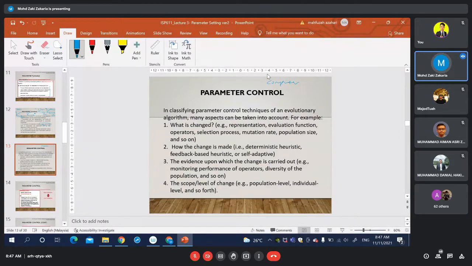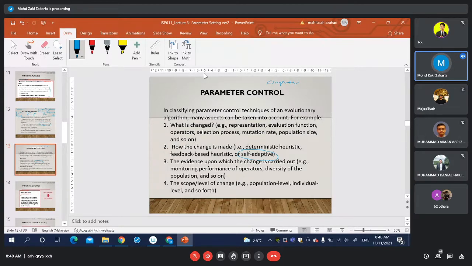In classifying parameter control techniques of EA, many aspects can be taken into account. For example, what is changed: the representation of chromosome, the evaluation function, operator, selection process, and so on. And then how the change is made: deterministic heuristic, feedback, or self-adaptive. As I said, self-adaptive is more complex compared to the first and the second.